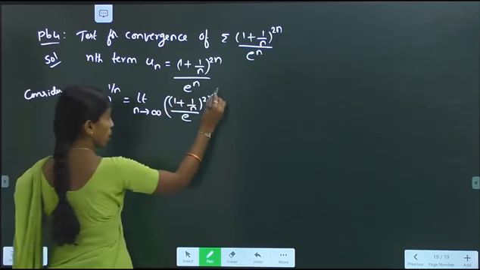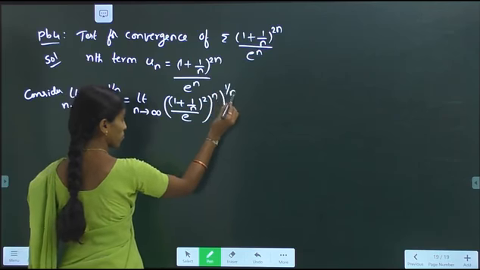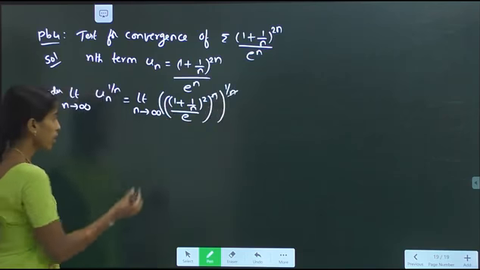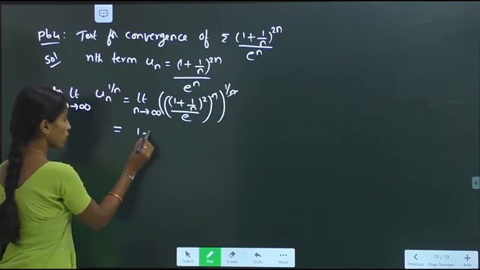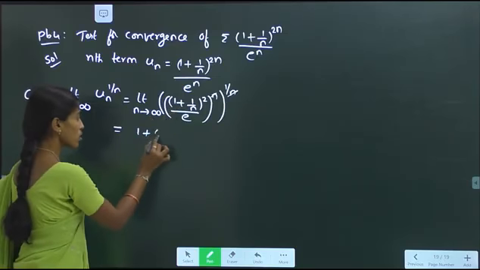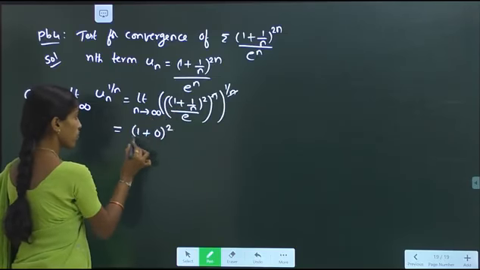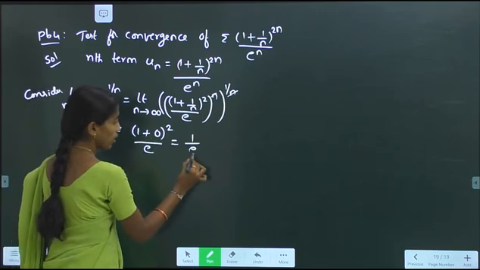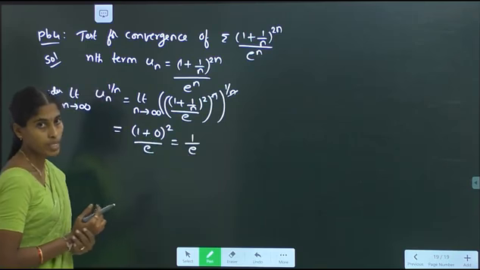Un to the power 1 by n. This n cancels here. Now apply as n tends to infinity. As n tends to infinity, 1 by n tends to 0, whole square by e, which is 1 by e. E value is 2 point something.